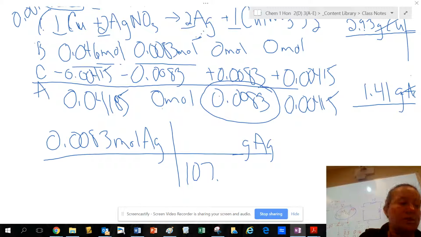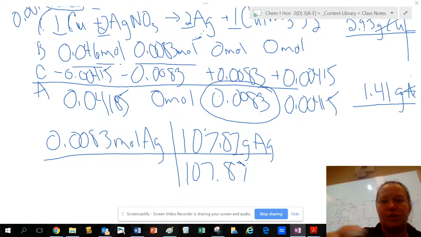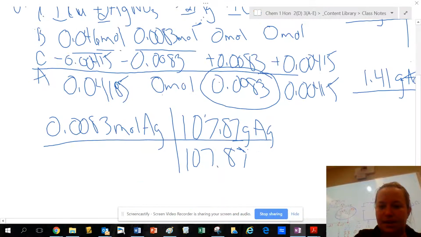Silver's molar mass is 107.87. Oh man, my nose is running. My allergies are so bad. Sorry, let me digress. Okay. Oops, I did exactly what I didn't want to do. Put it in the wrong spot. Do as I say, not as I do. Here we go.